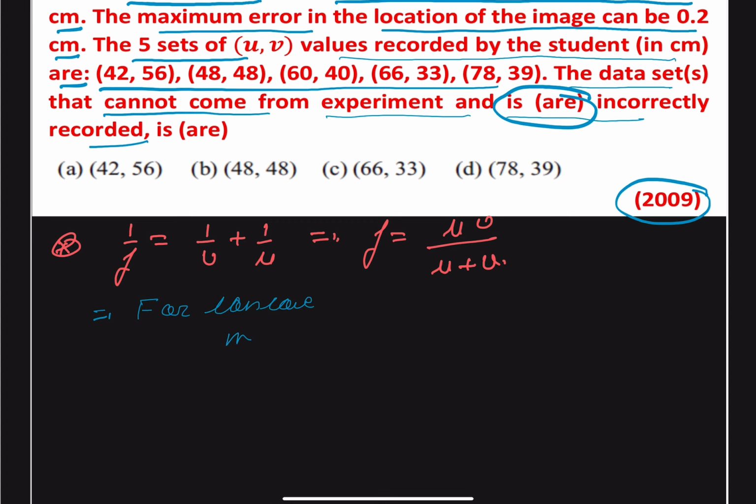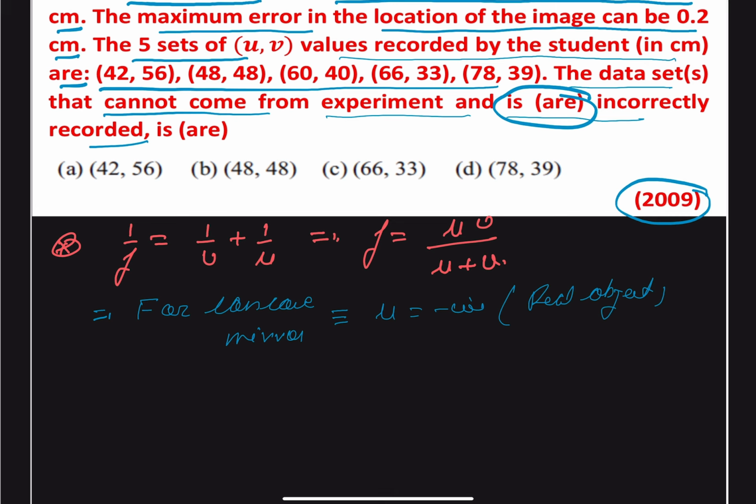For a concave mirror, u is negative for a real object.